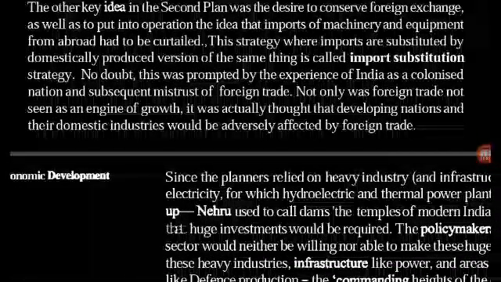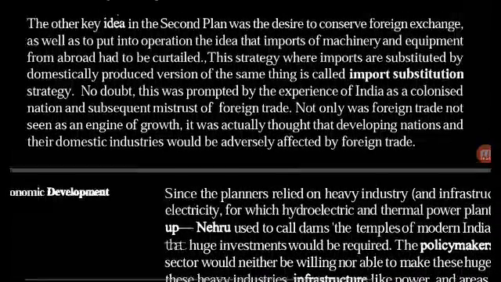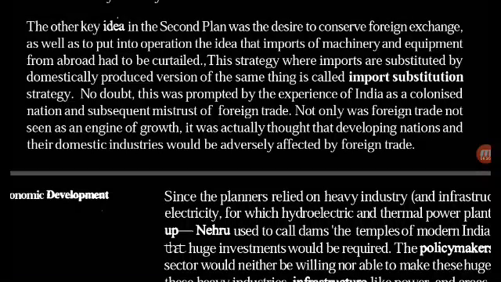The other key idea in the second plan was the desire to conserve foreign exchange, as well as to put into operation the idea that imports of machinery and equipments from abroad had to be curtailed. This strategy, where imports are substituted by domestically produced versions of the same things, is called import substitution strategy.